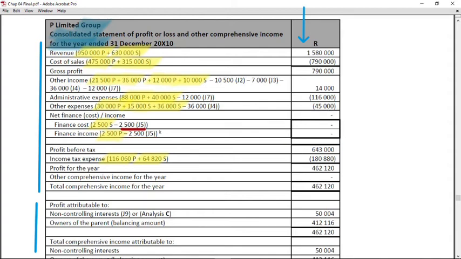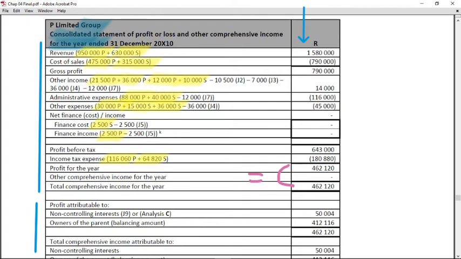Income tax and income tax expense, starting point 100% P plus 100% S. Remember, I have mentioned before that we will not change the income tax expense for the effect of the consolidation journal entries at this point. We do not have other comprehensive income for the year, and as a result, the profit for the year and total comprehensive income for the year is the same.